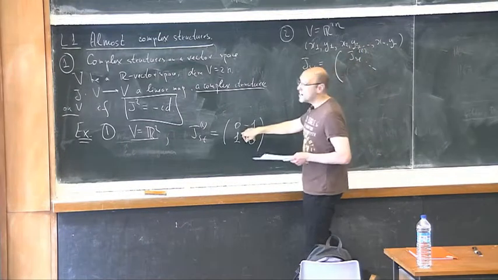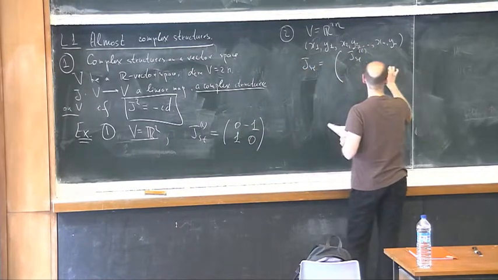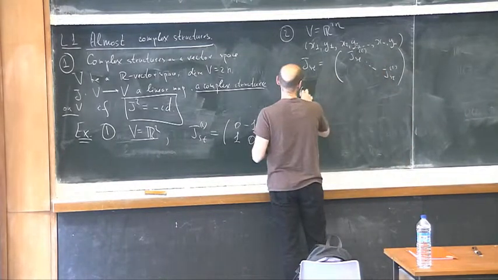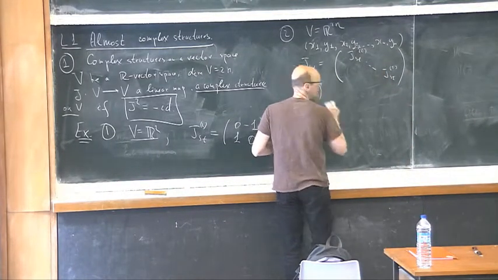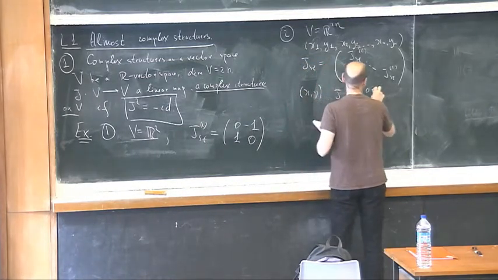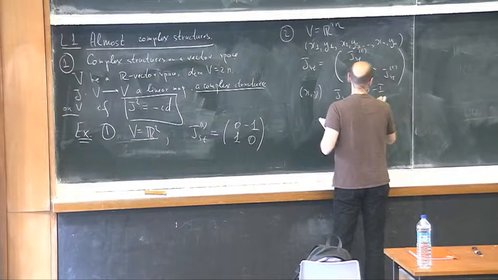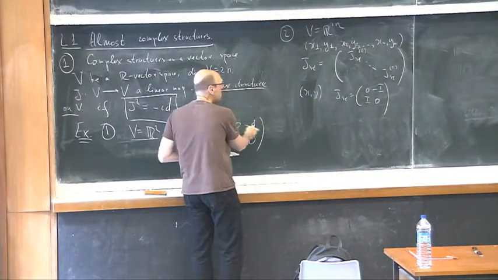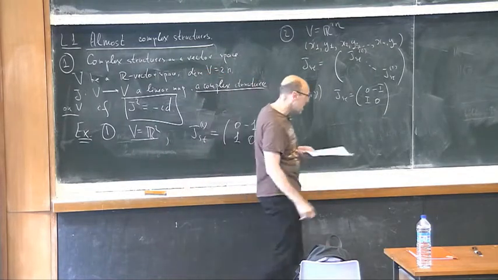You write this matrix on the diagonal. Another way is to write the coordinates like this, and then the matrix of the standard structure will be something like this. These are two possible ways to generalize this formula for higher dimension.